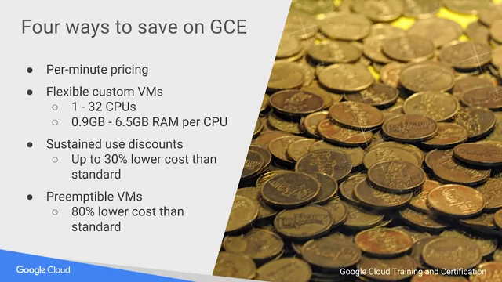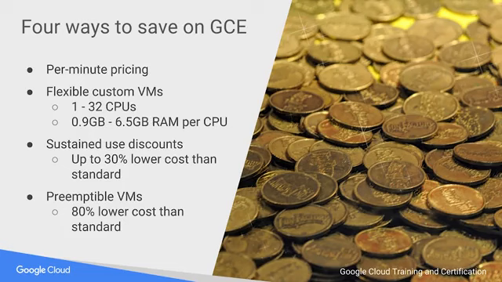Google Compute Engine offers very high-quality infrastructure. It also offers extremely cost-effective infrastructure. Here are 4 ways to save money on virtual machines. First, we've mentioned already that Google Compute Engine VMs are billed per minute rather than per hour.